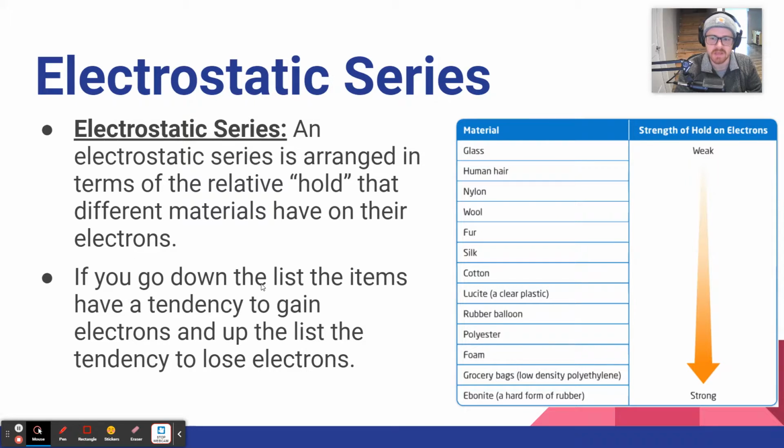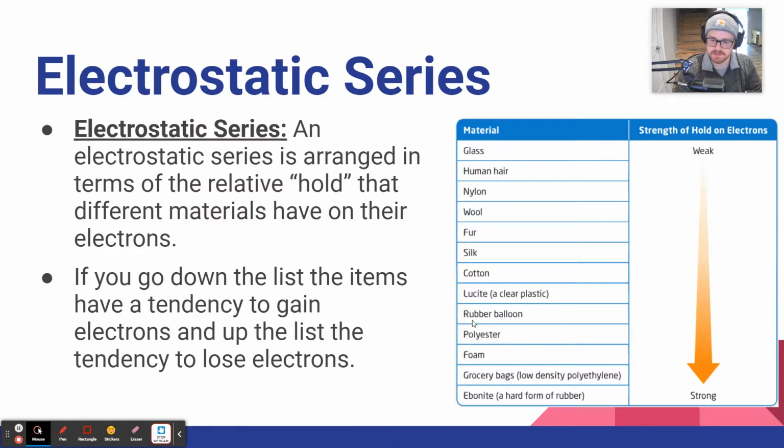Okay. So there's a difference between conductors and insulators, and then there's a separate kind of category called the electrostatic series. The electrostatic series is a way to describe how well the object will keep its electrons.